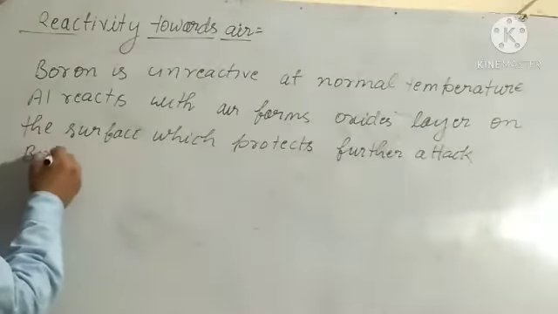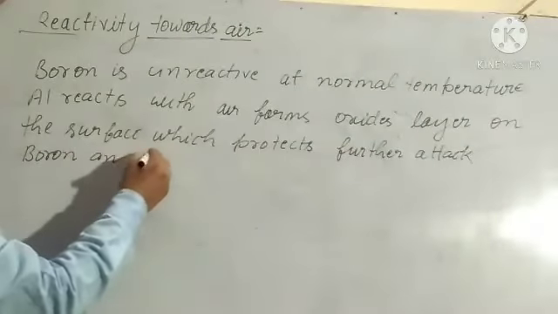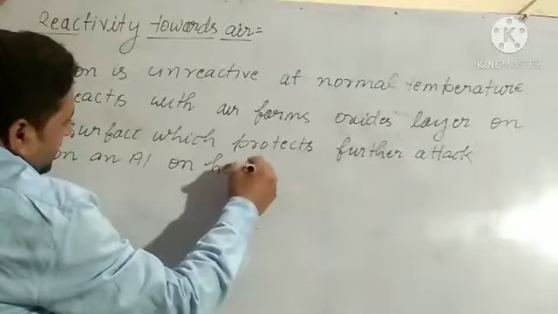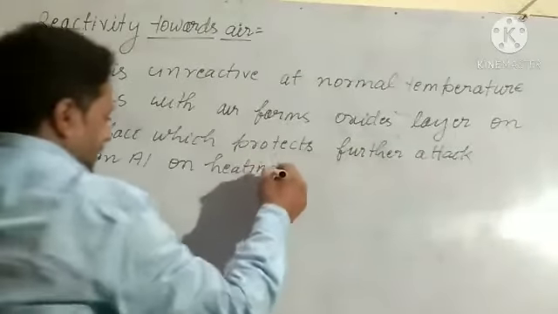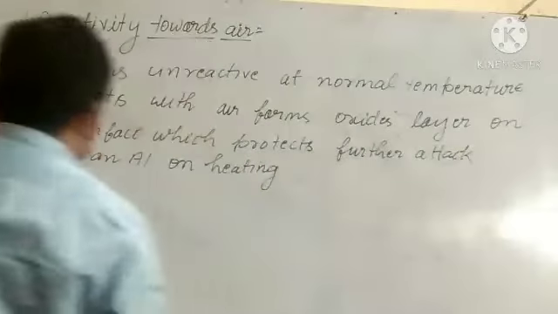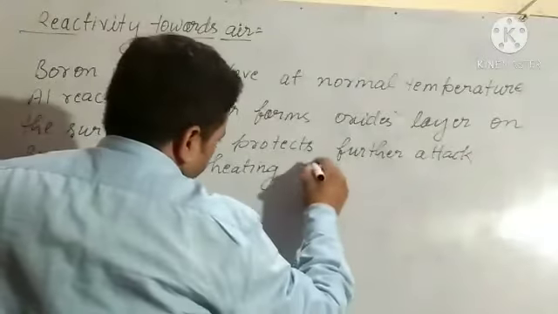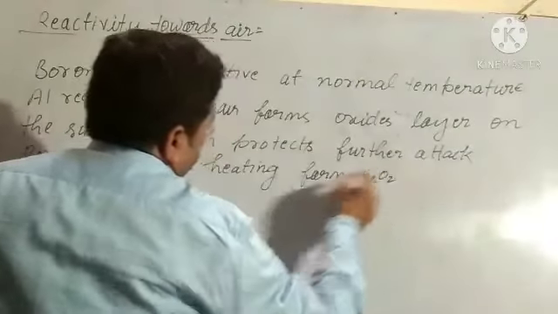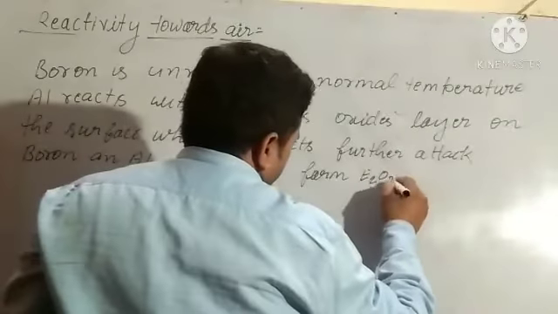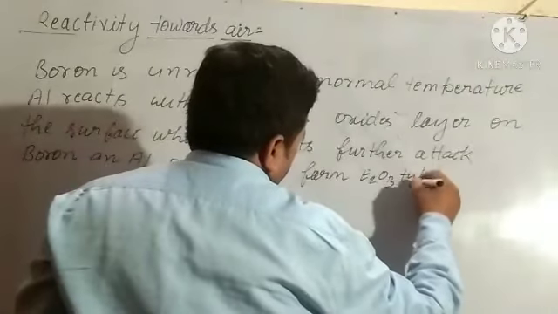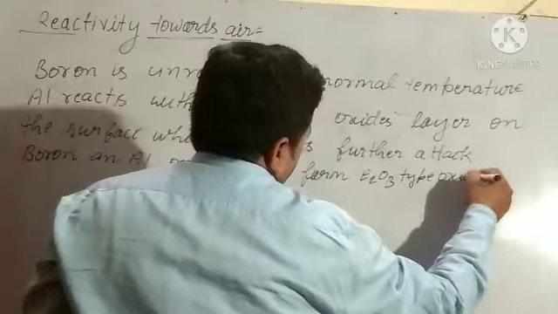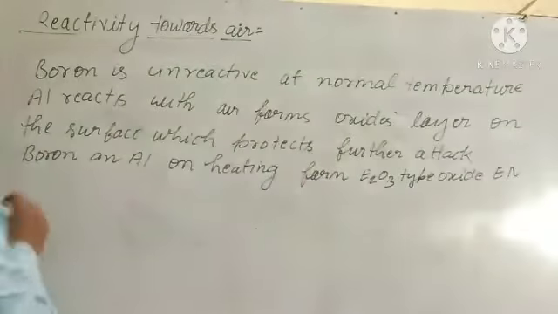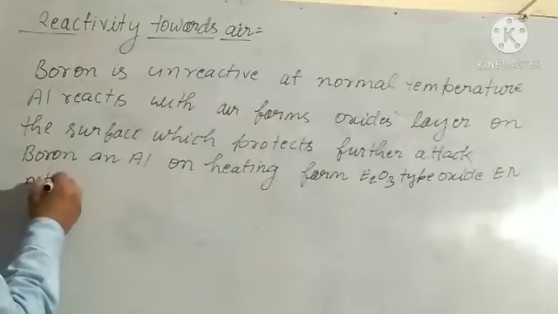Boron and aluminium on heating form E2O3 type oxide and EN type nitride.